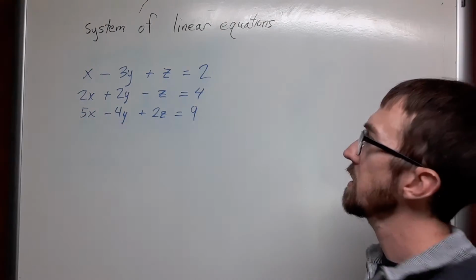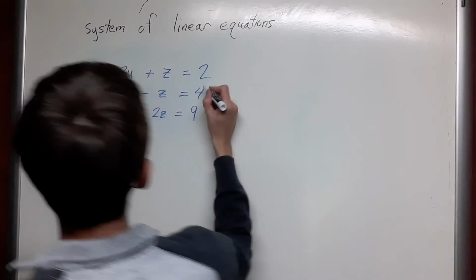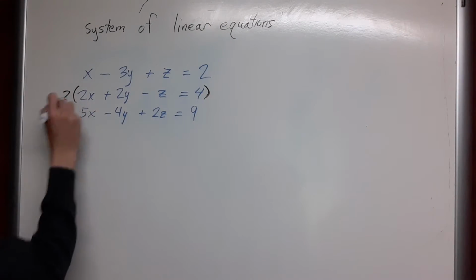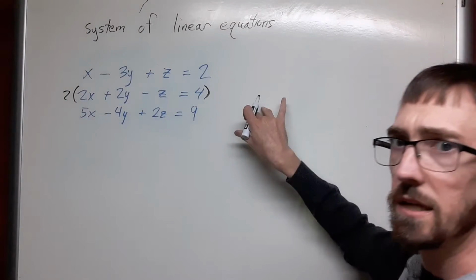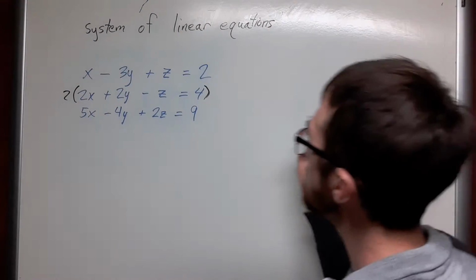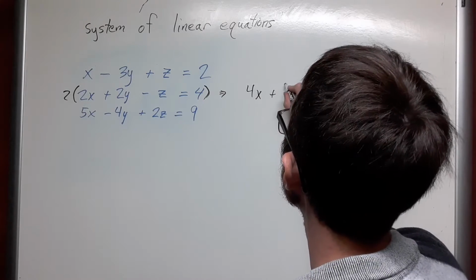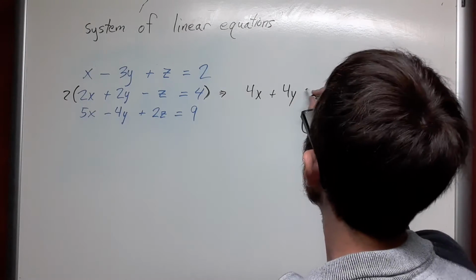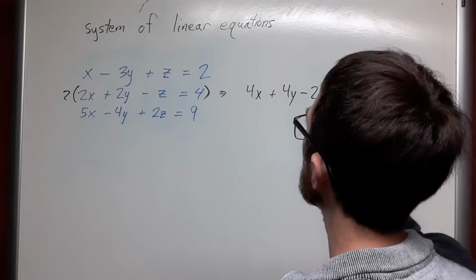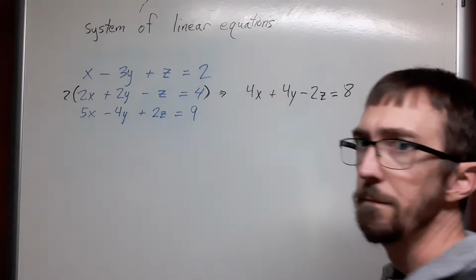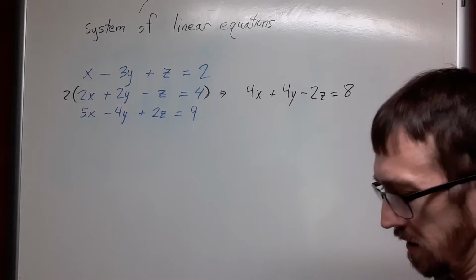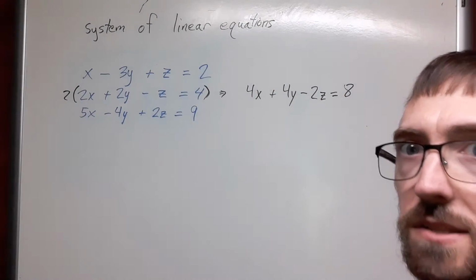So that's the first thing that I'm going to do. I'm going to come in here and multiply this second equation by 2. And that's going to give me 4x plus 4y minus 2z equals 8. And then the second one we are going to use as is.